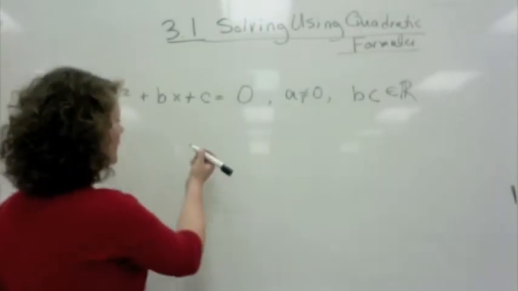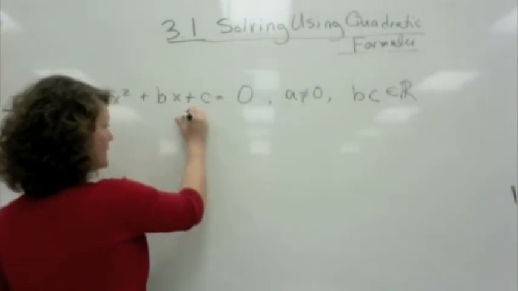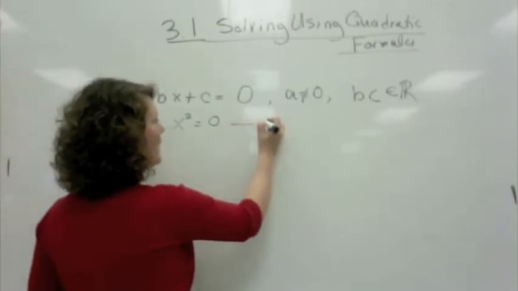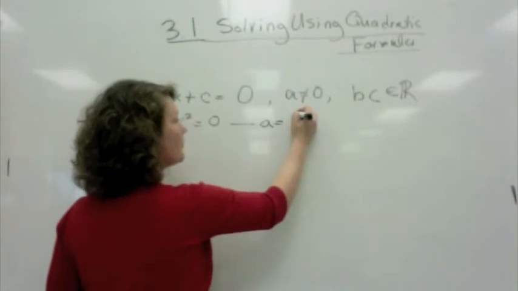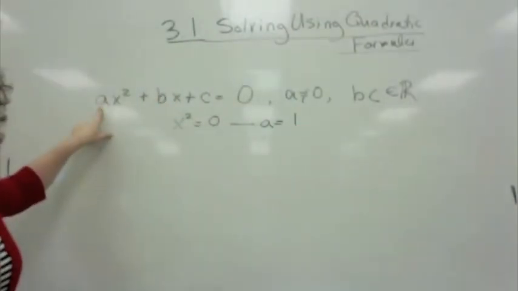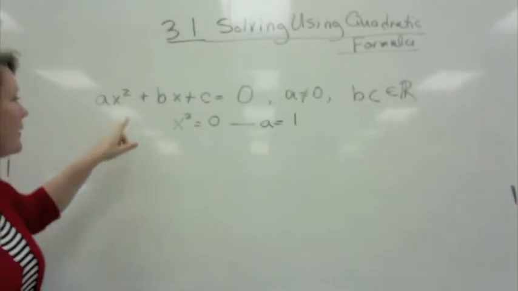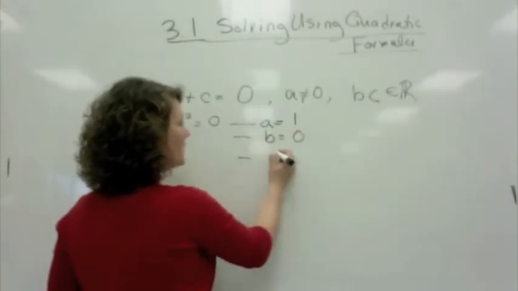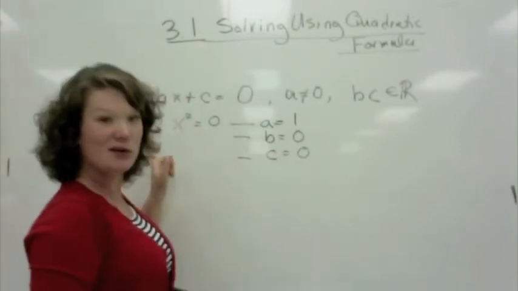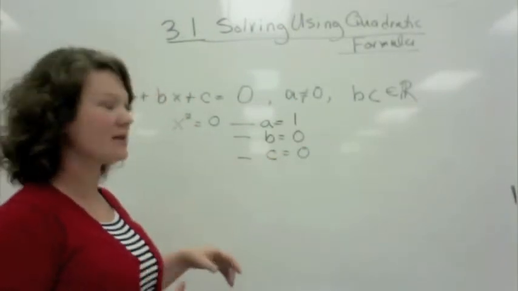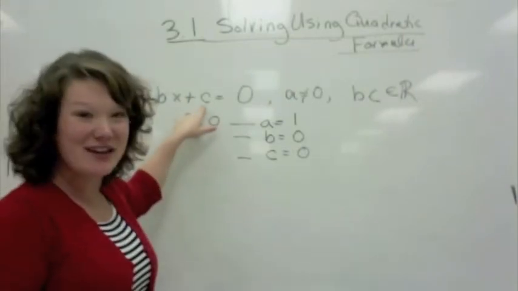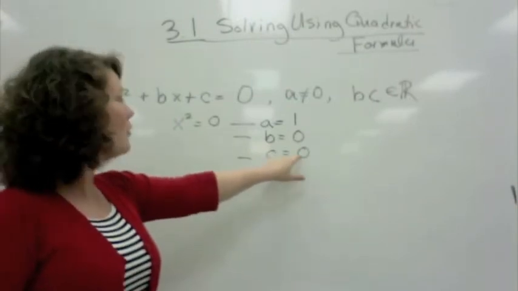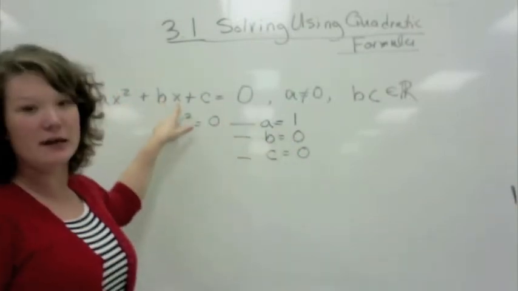If you have an equation like x squared equals 0, we could say three things: a equals 1, because that's the coefficient in front of the x squared; b equals 0, and c also equals 0, because there's no plain Jane x term, just like there's no plain Jane constant term. So the constant is 0, and the coefficient on the x variable is also 0 for this one.